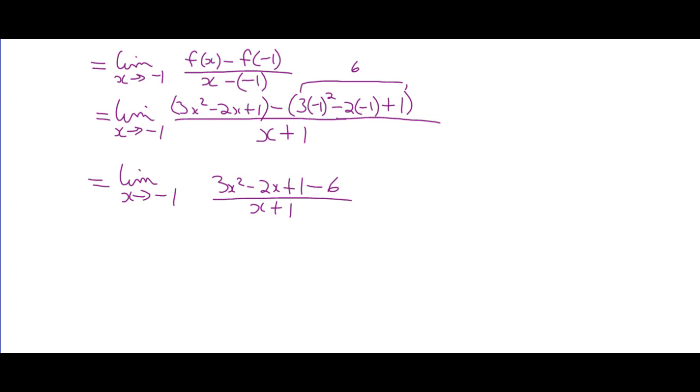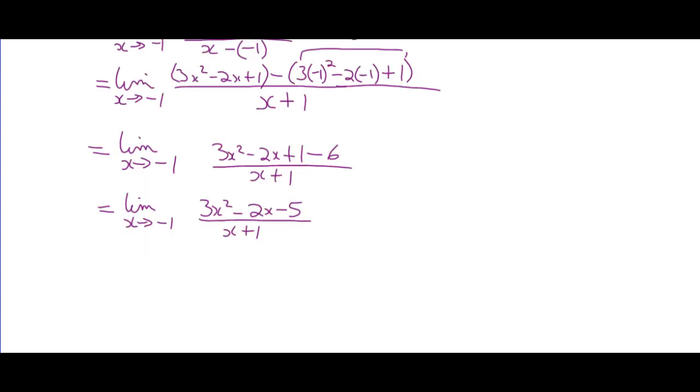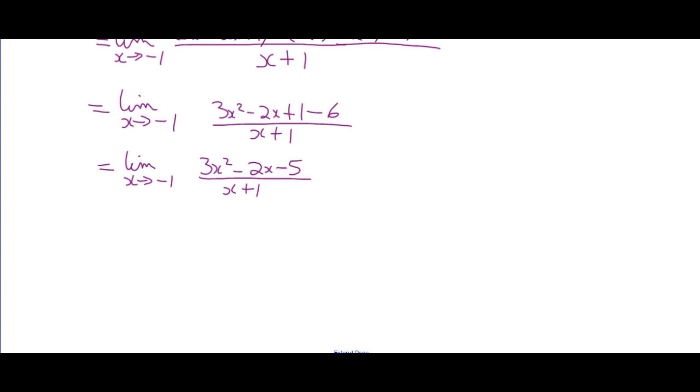Okay, so let's just keep working. Limit as x approaches -1 of, okay, what do we got? 3x squared minus 2x minus 5 over x plus 1. You can imagine what could possibly happen next. We could factor this, and what are we hoping one of the factors is?